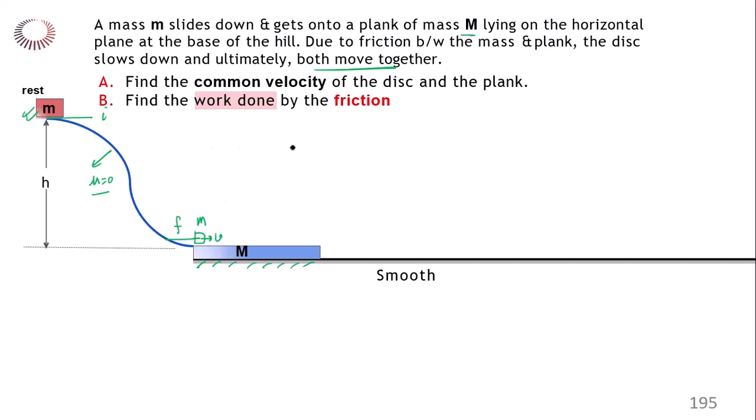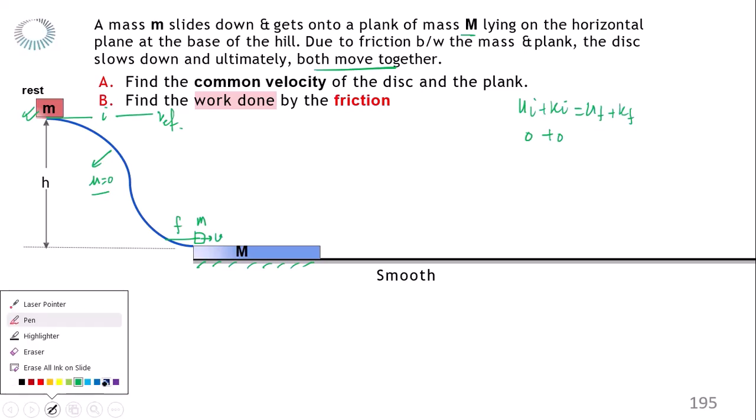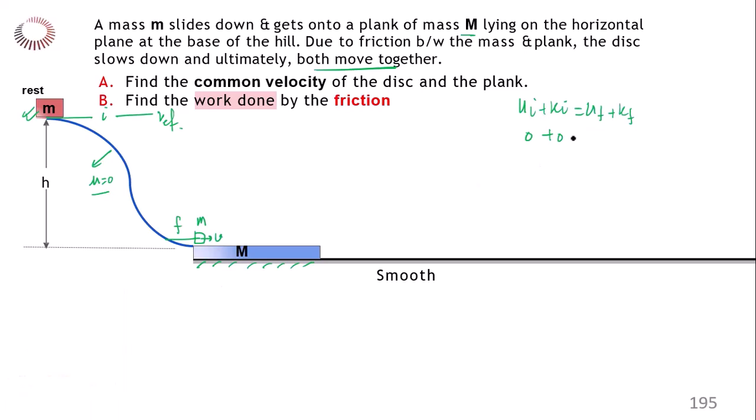So if I apply the work energy theorem between the I and F positions, taking this I as the reference position. Okay. So Ui plus Ki should be equal to Uf plus Kf. What is Ui? Ui is 0 because I is on the reference position. Kinetic energy is also 0 because the particle starts from rest. What is the final potential energy?